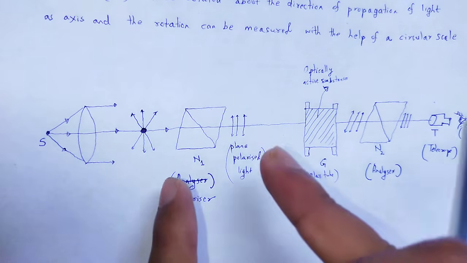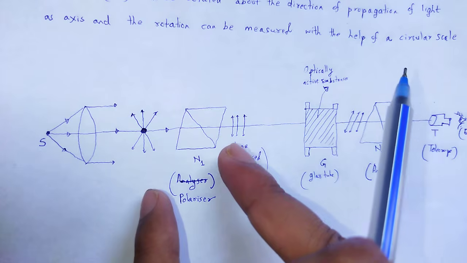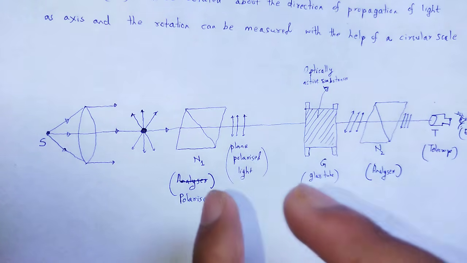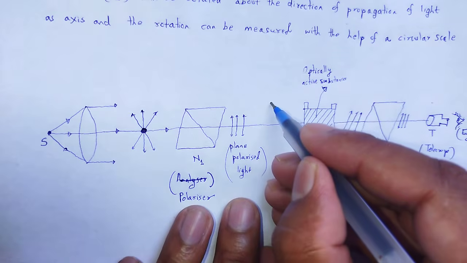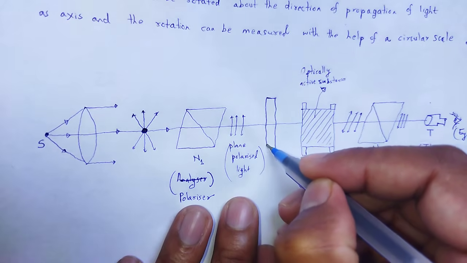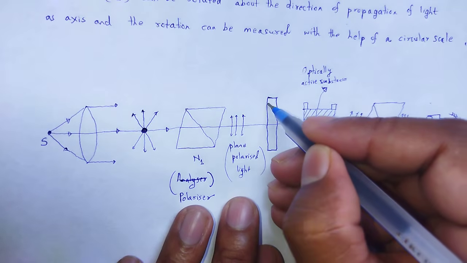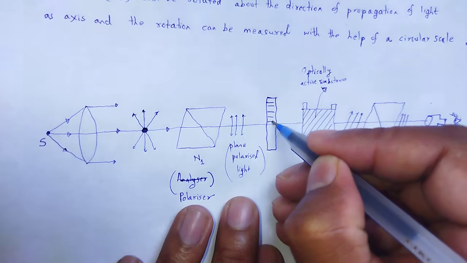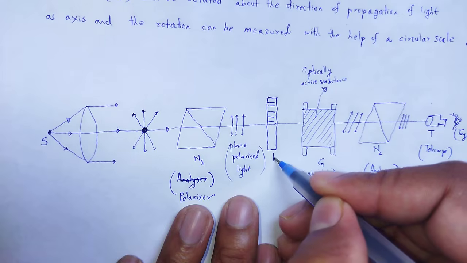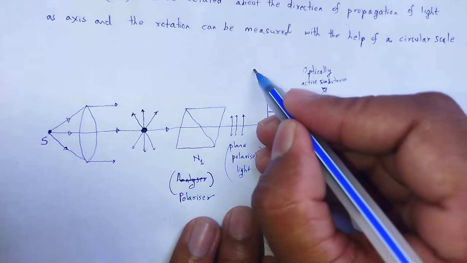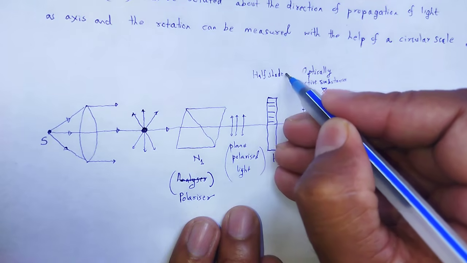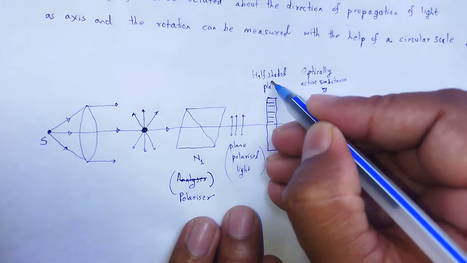In between the glass tube and the polarizer of the plane polarized light, use a plate which is called the half-shade plate.